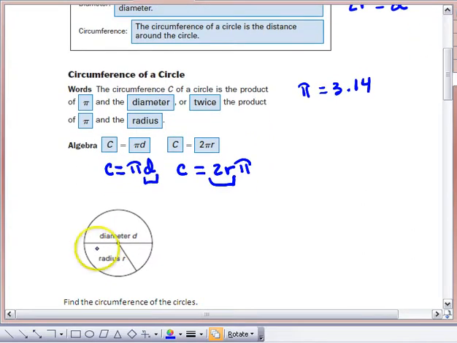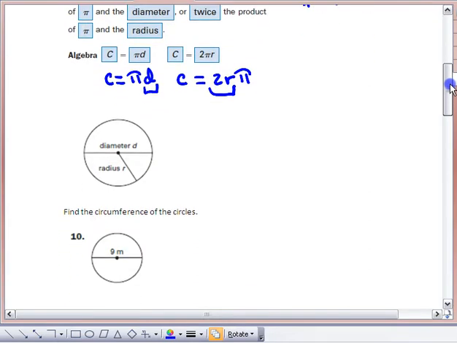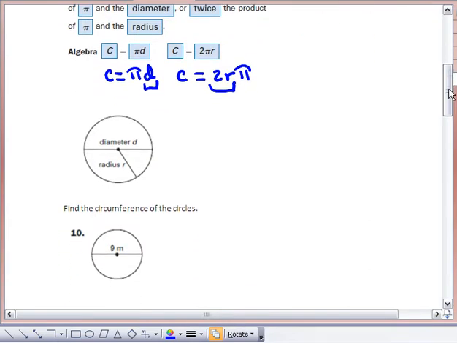Now here's a diagram that shows the diameter and the radius of a circle. For this example, let's say that I want to find the circumference of the circle. Well, I'm going to use my formula because I know the diameter. Circumference equals diameter times pi. So if I were to rewrite that, it would be circumference equals 9 times 3.14.